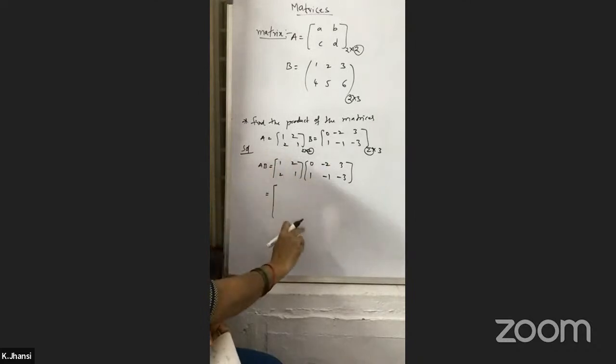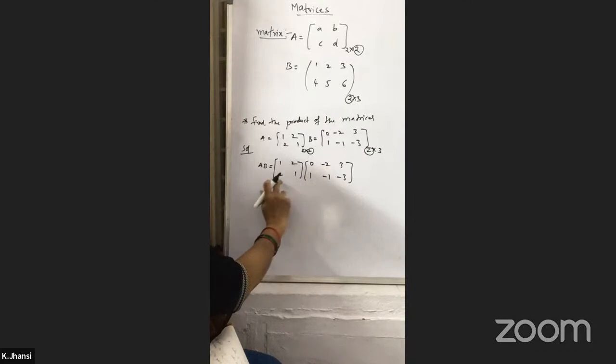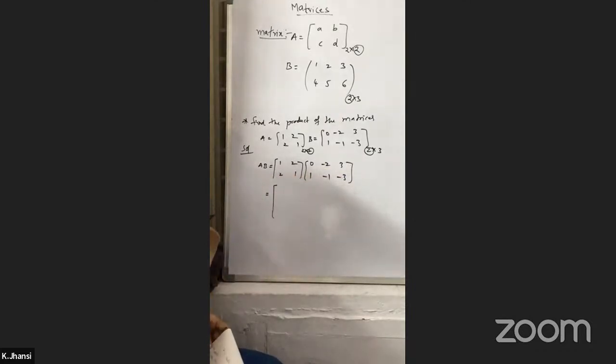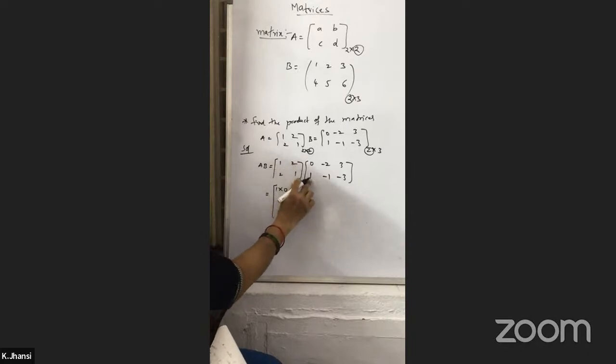Similarly, second row first column, second row second column, second row third column. First I am writing here: 1 into 0, plus 2 into 1.